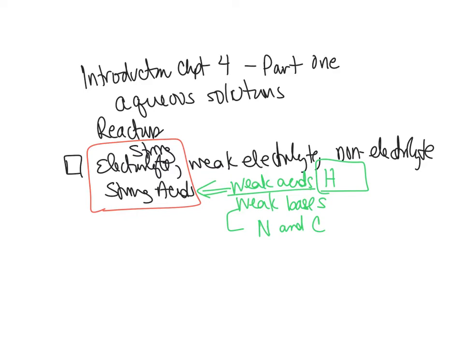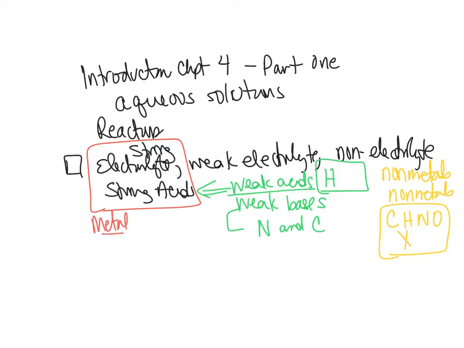And then a non-electrolyte is basically nonmetals bonded to nonmetals. So this is going to be more of your organic compounds with carbon, hydrogen, nitrogen, oxygen, halogens, and you will not see a metal. Strong electrolytes will start with a metal. And so that ionizes in water, because when we talk about aqueous solutions, we're talking about in water.